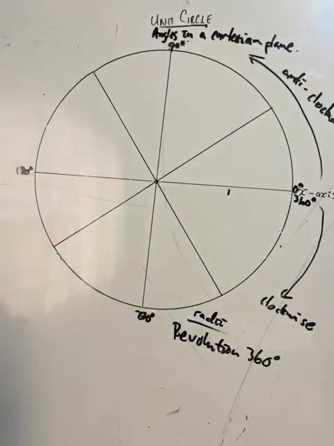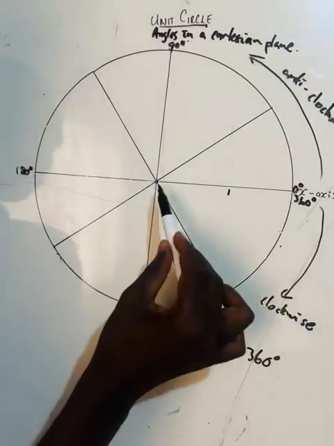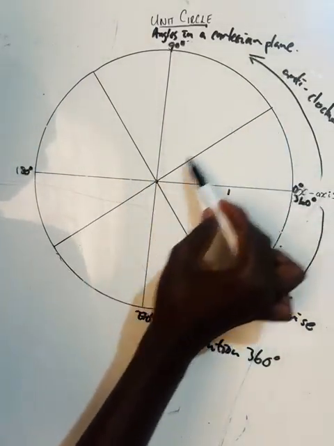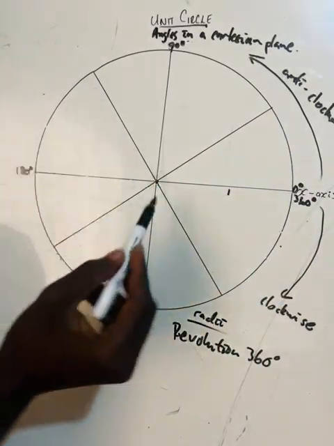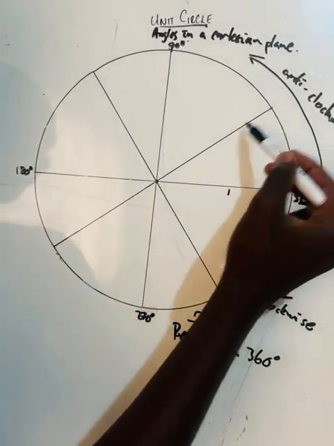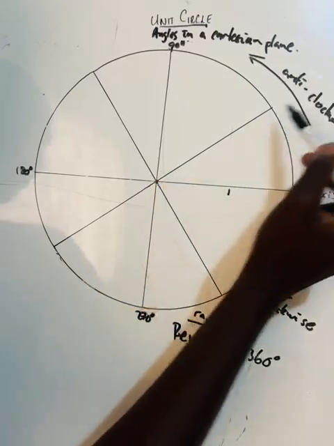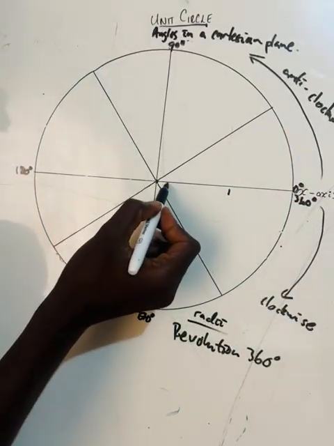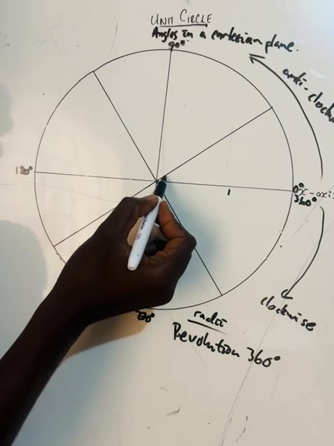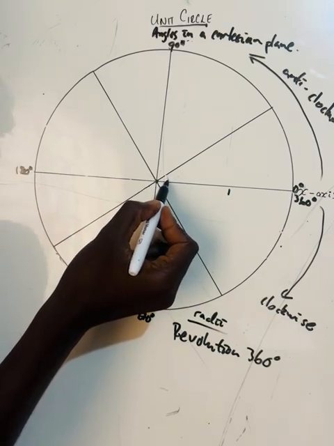Now, observe. From the point of origin, we've got this line here, and this line is what we call a terminal arm. When two lines join, an angle is formed.